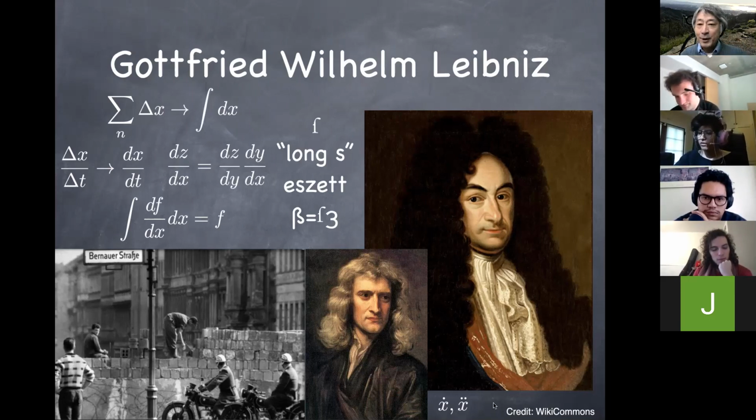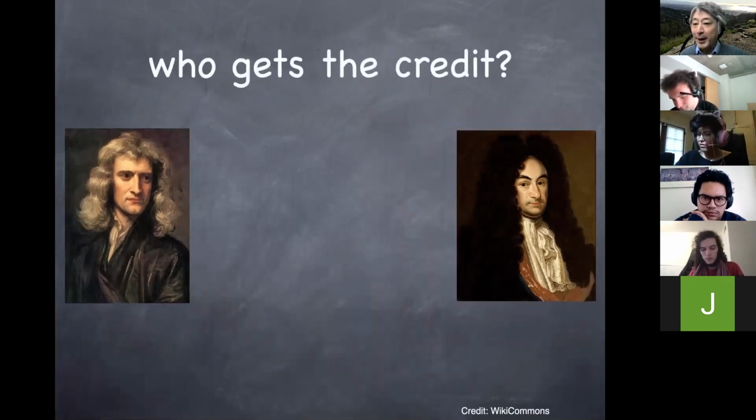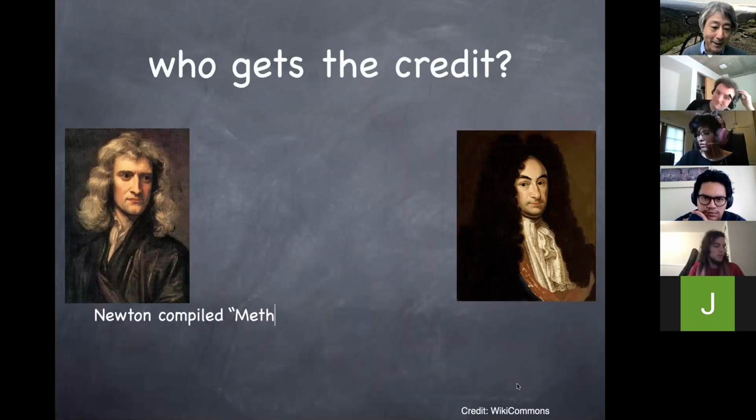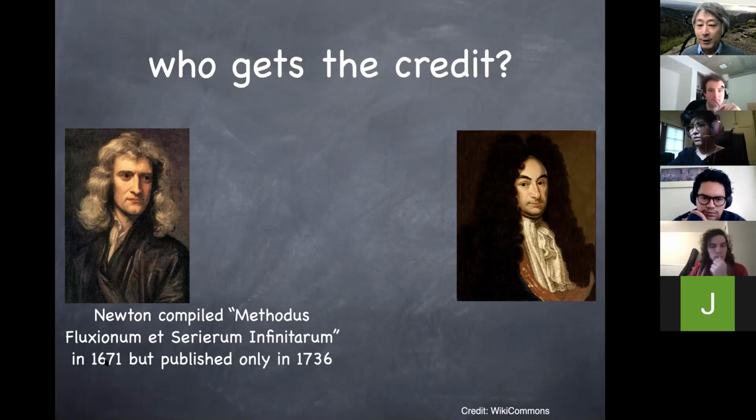Apparently, Newton and Leibniz had a bitter war about the credit for who invented calculus. According to Wikipedia, this is actually a complicated story. Newton wrote his famous book on calculus already in 1671, but for some reason he didn't like it for a while and published it only in 1736.